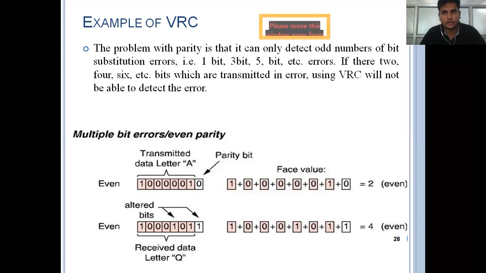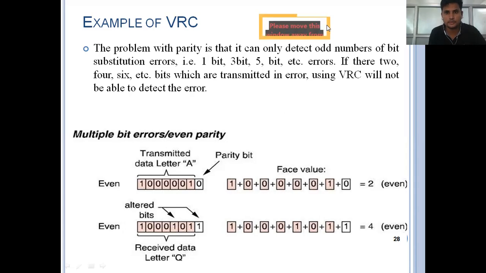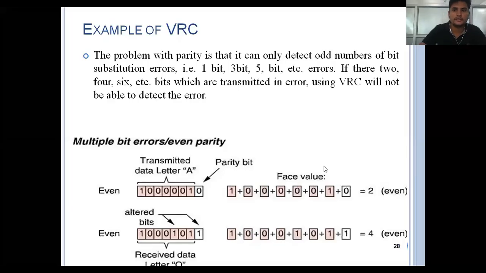This is the best example we have to discuss. Here the data we have to transmit is 1000001.